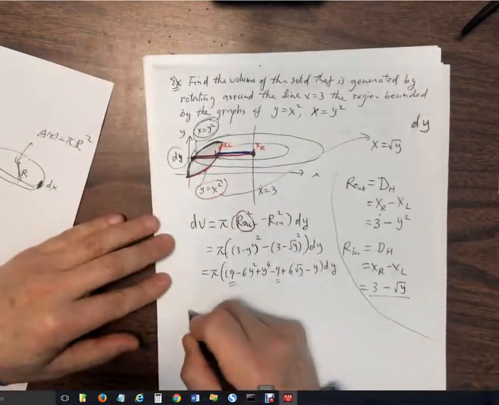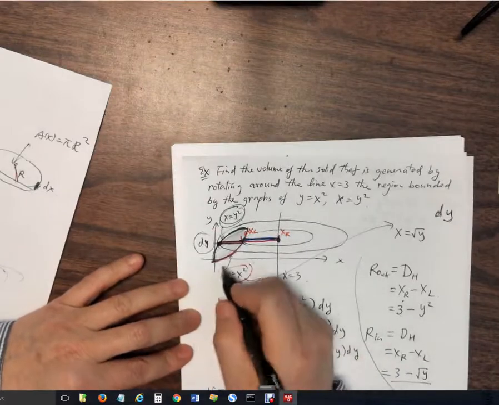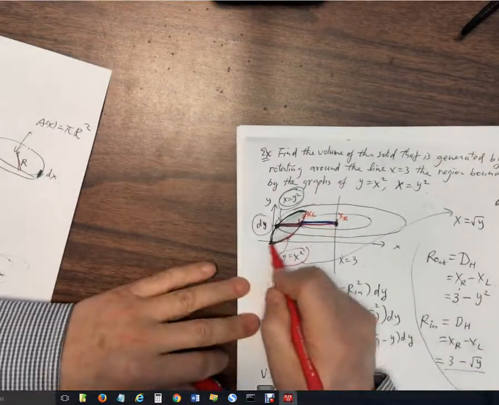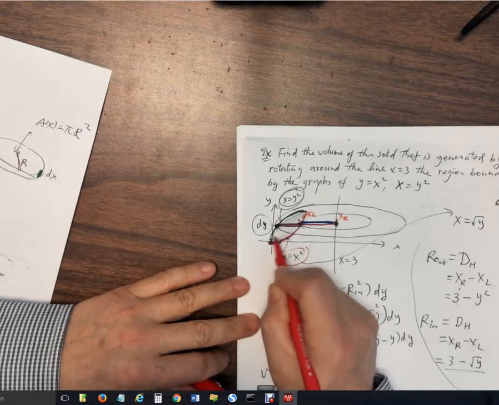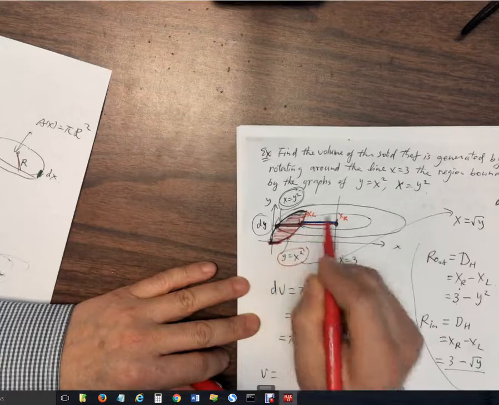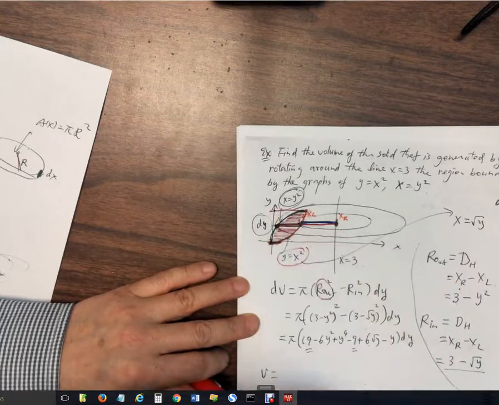Total volume would be the sum of volumes of the washers, starting from the y location here, right? Those slices, those strips, then up to this location.